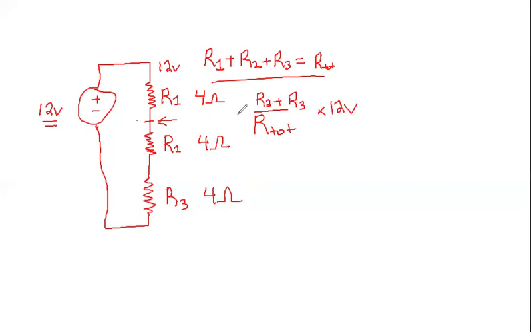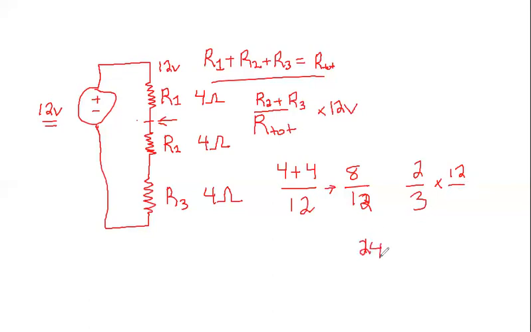R2 equals 4, R3 equals 4, divided by the R total, which is 12, gives us 8 over 12, which simplifies to 2 over 3, and we multiply that by 12 to get 24 over 3, or better known as 8 volts.